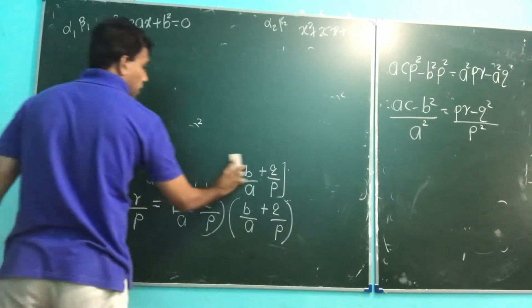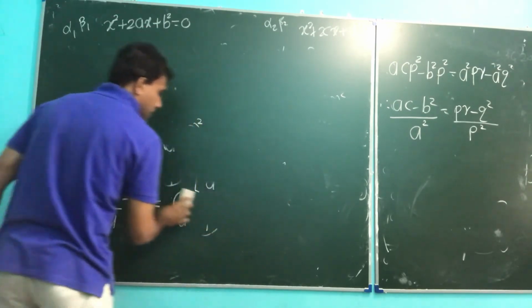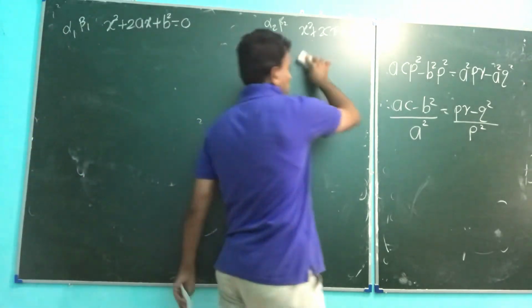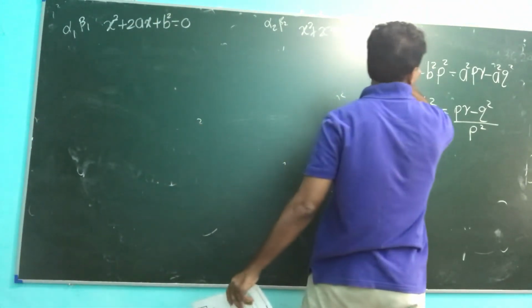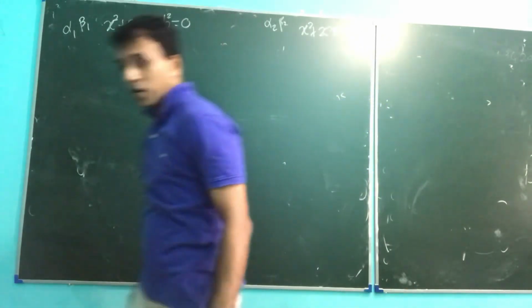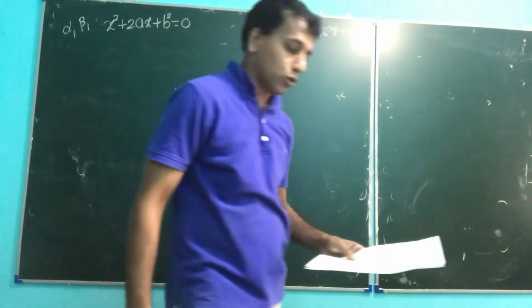So two quadratic equations are provided and their respective roots also given there, right? That equation's roots are alpha 1, beta 1. The other equation's roots are alpha 2, beta 2, right?